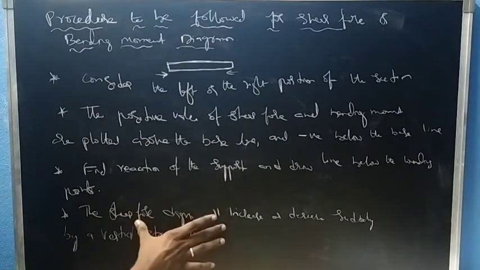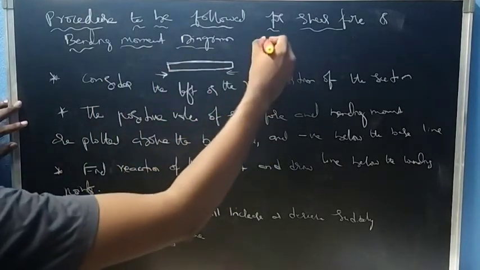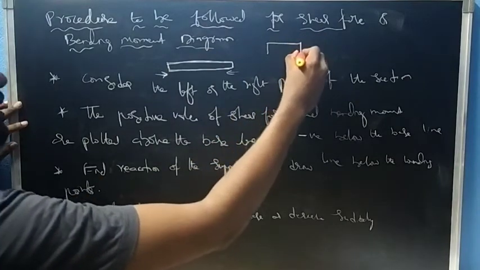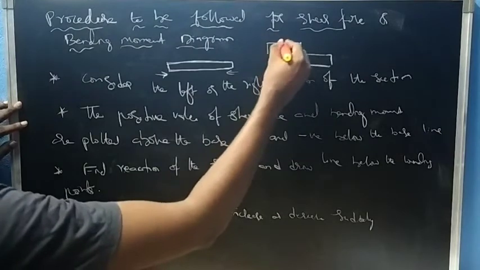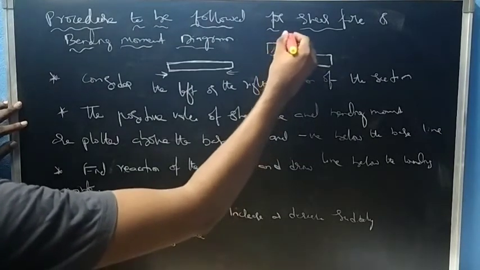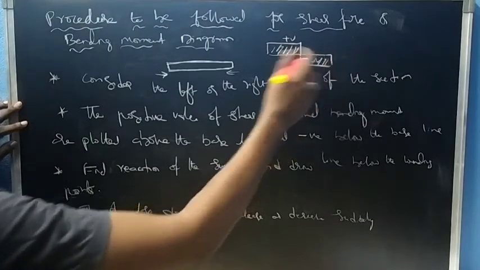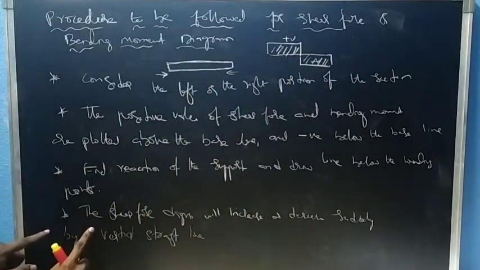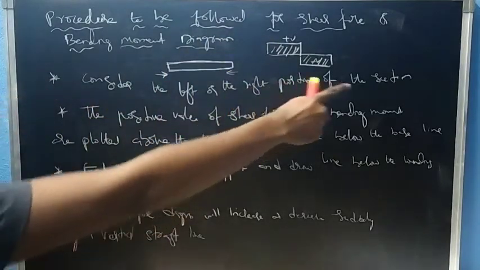So the shear force diagram will be, for suppose, vertically up or vertically down, so it looks like this. This is positive and this is negative, right? So first step is to consider left or right of the section.